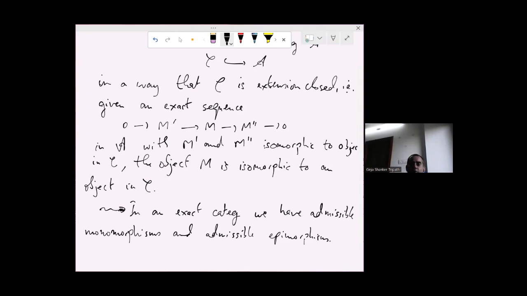Admissible monomorphisms are the ones which can be completed as this first map, the kernel part of an exact sequence, and admissible epimorphisms in C are morphisms of this kind which can be completed into an exact sequence like this.